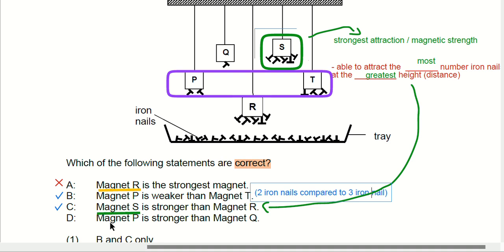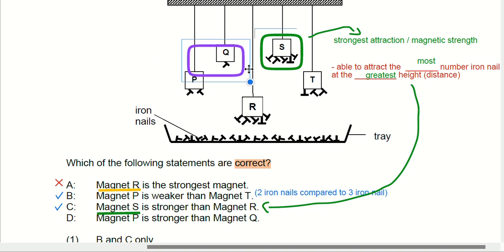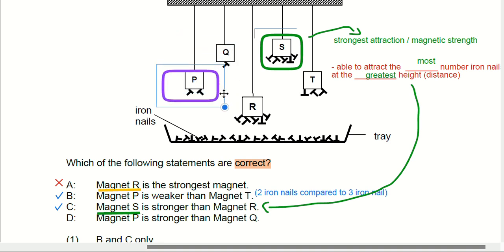Let's look at statement D. Statement D indicates that magnet P is stronger than Q. P is here and Q is here. But for P and Q, you can see that there are 2 changed variables in this case. So it's not a fair test.